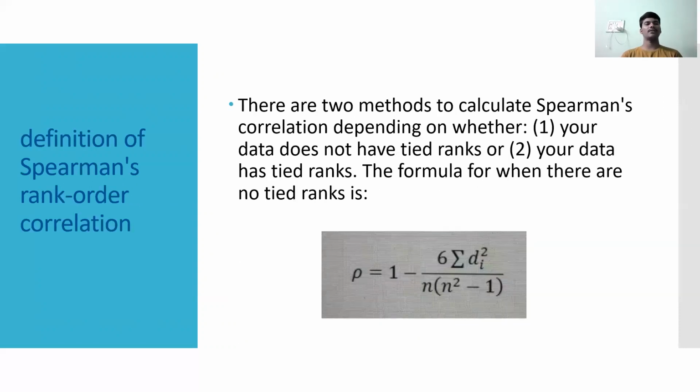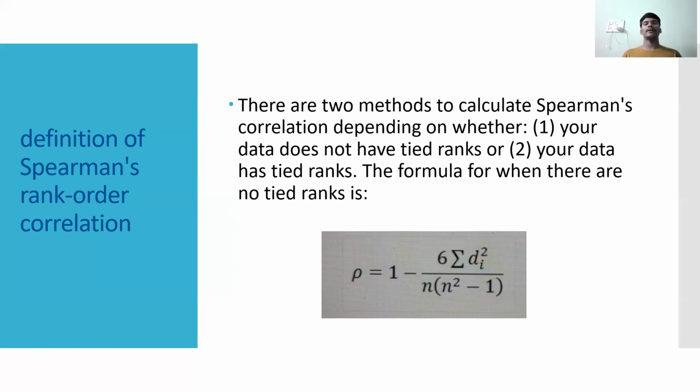Now see the definition of Spearman's rank order correlation. There are two methods to calculate the Spearman's correlation constant, depending on whether your data has tied ranks or does not have tied ranks. Based on the given data, the calculation of Spearman's constant depends.